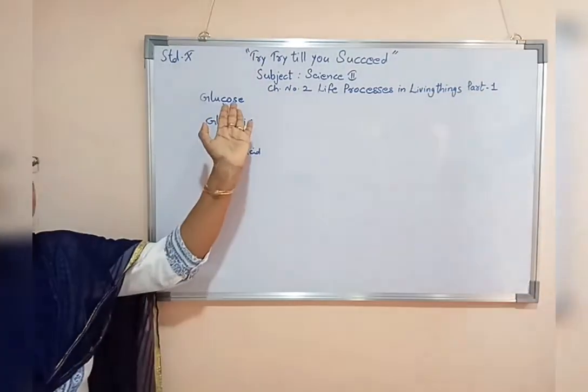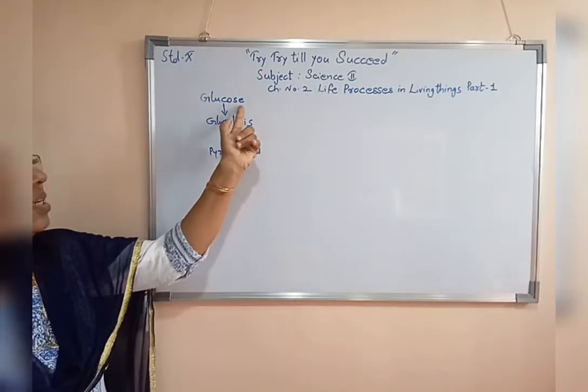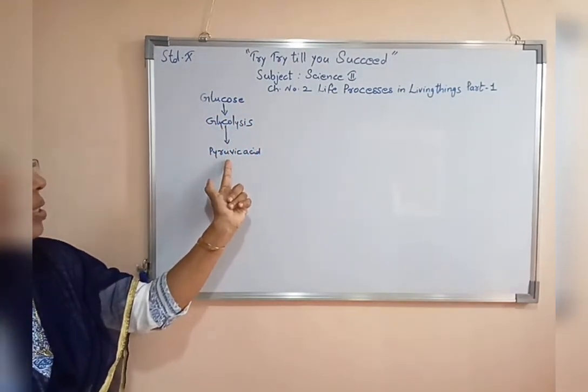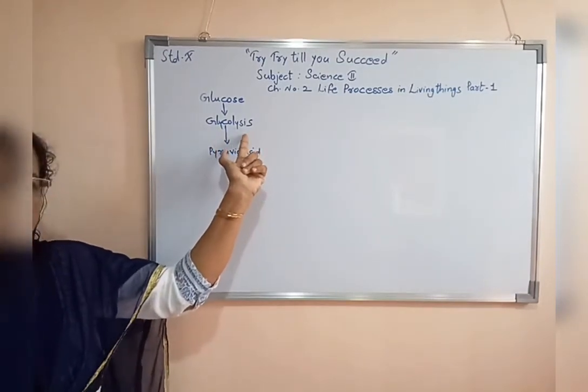Here, during aerobic respiration, glucose is first transformed to pyruvic acid by the glycolysis process.